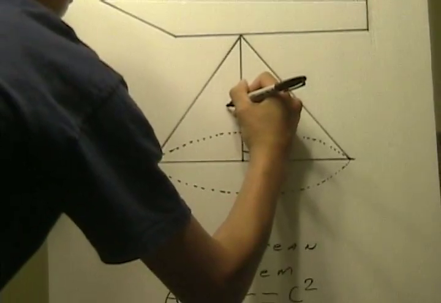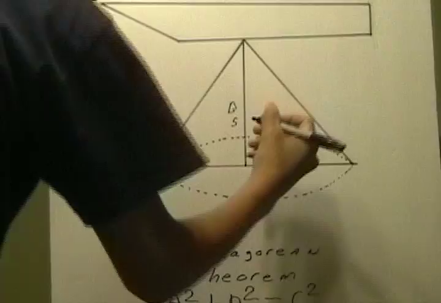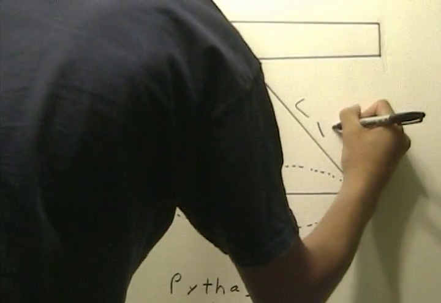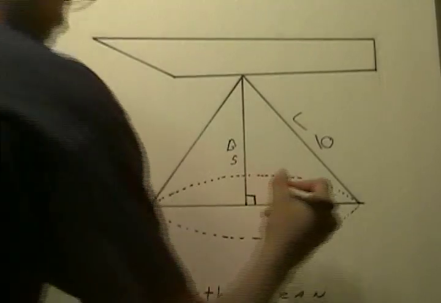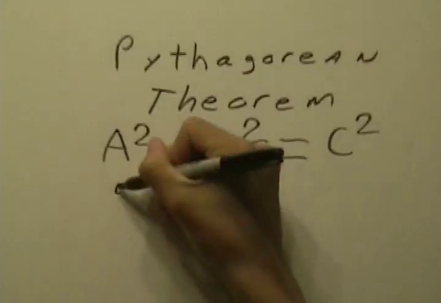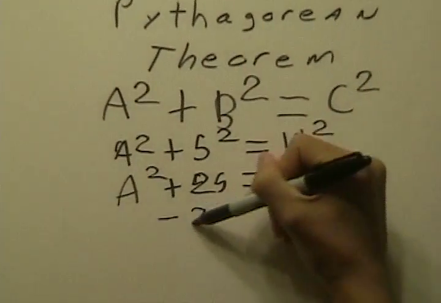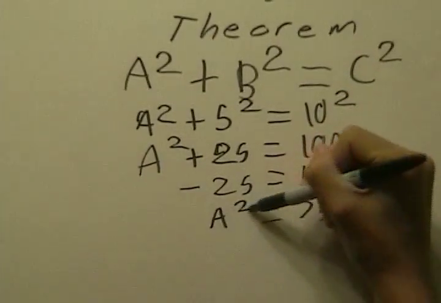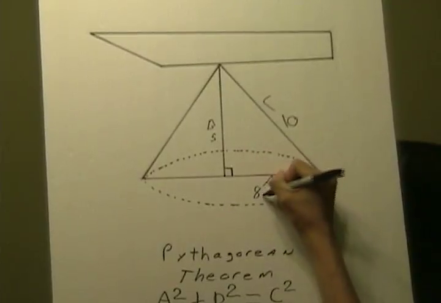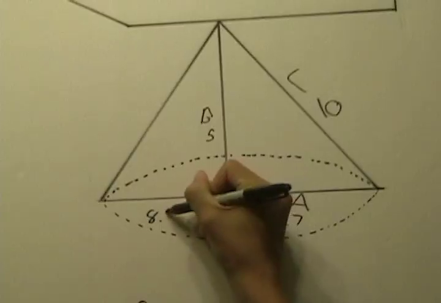This is B, which is 5. This is C, which is 10. And this is A. This is 8.7, which means that this also has to be 8.7.